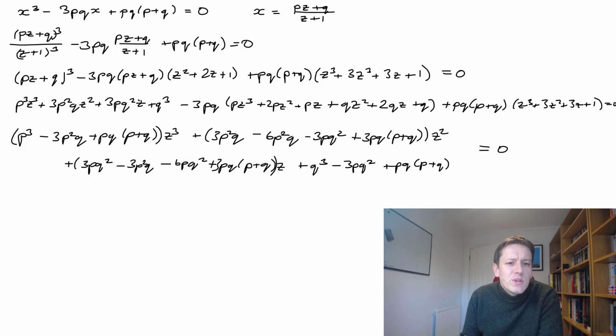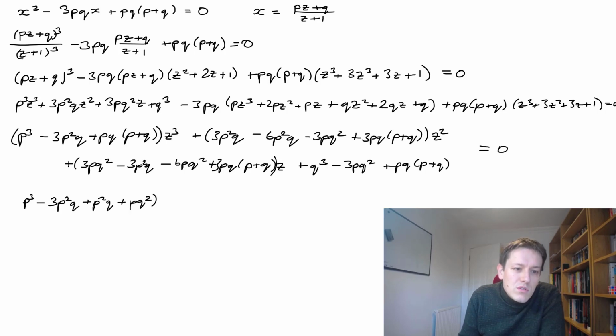So now we're going to do even more rearrangement here. We've got p cubed minus 3p squared q plus p squared q plus pq squared, just multiplying out the brackets there.